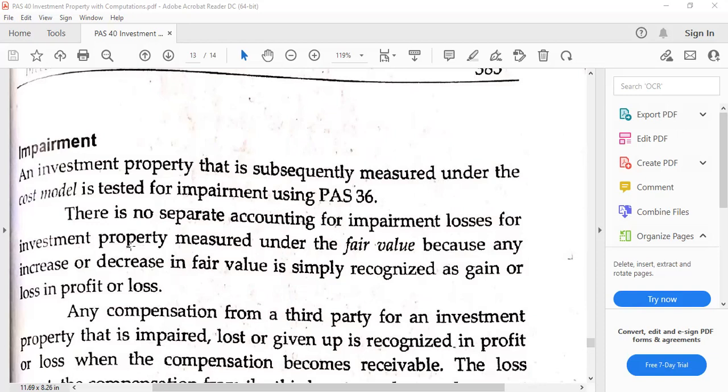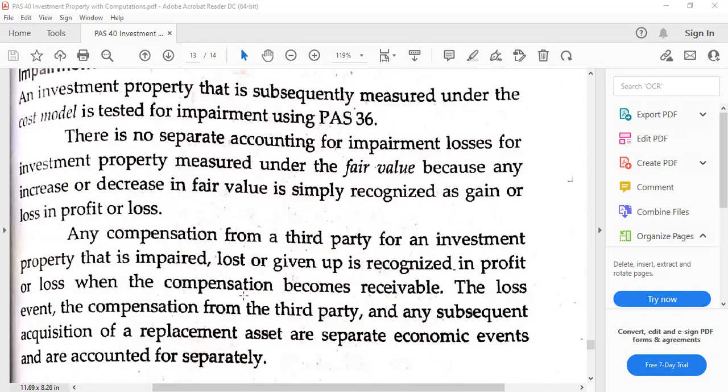However, if investment property is under the fair value model, then no. And this one is interesting. If ever, for example, there is a compensation from a third party, so a sort of receivable, a claim, if ever that IP is impaired, lost, or given up, then we have to recognize in profit or loss when we receive that.